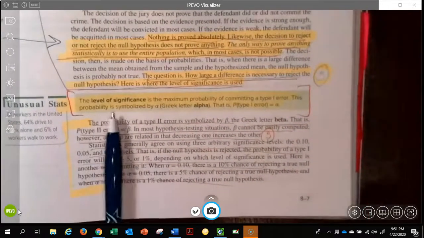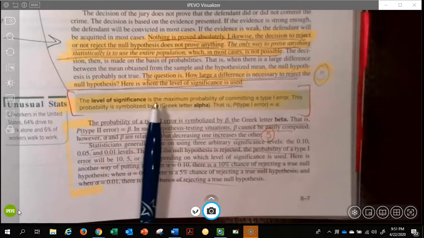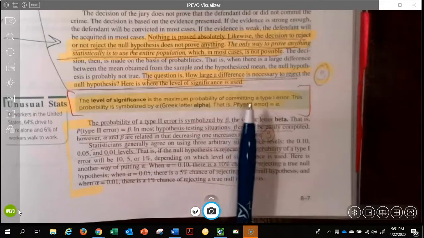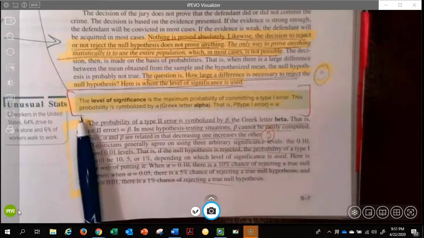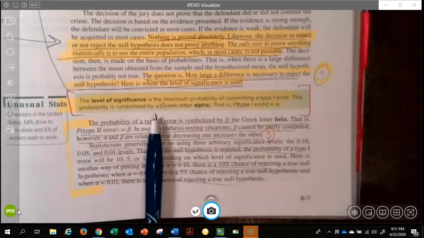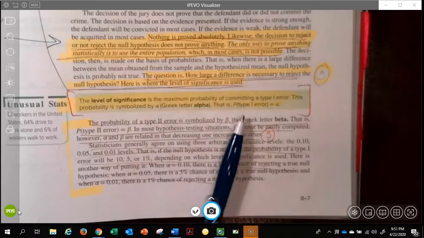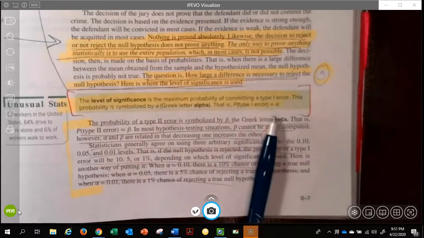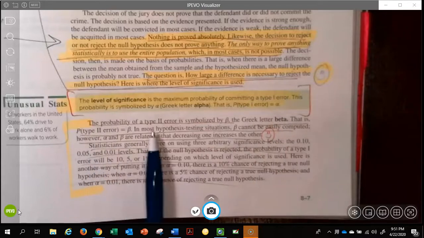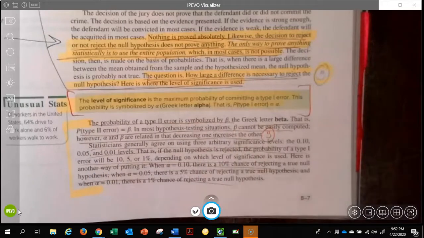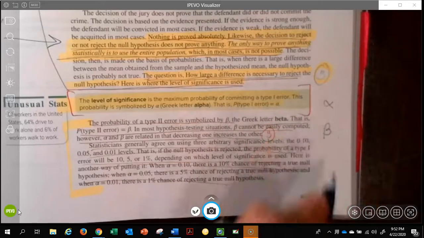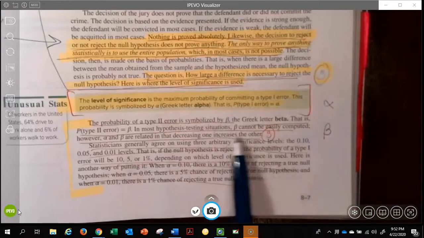They mention a level of significance. It's the maximum probability of committing a type 1 error, which is what you just heard in the other video, and this probability is symbolized by alpha. That is, the probability of committing a type 1 error is alpha. The probability of a type 2 error is beta. Just so you know, alpha, which we've already played around with, looks like a little fish, and beta looks like a bee with a tail.